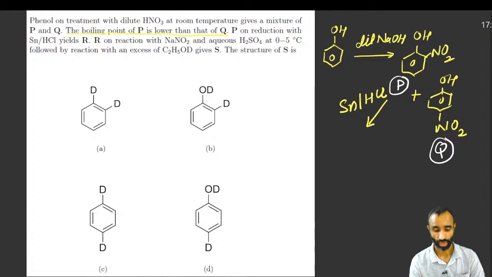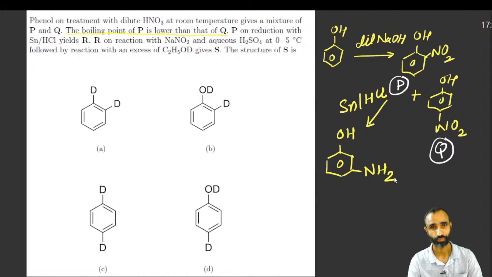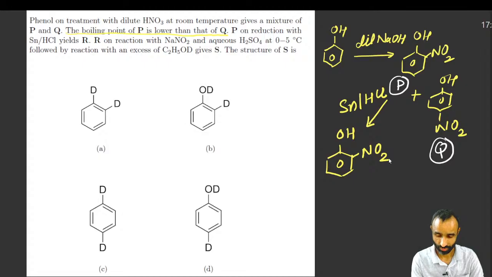So now, as it is written Sn/HCl, the final product from this: OH remains as such, and the nitro becomes NH2. So ortho-aminophenol we will get.